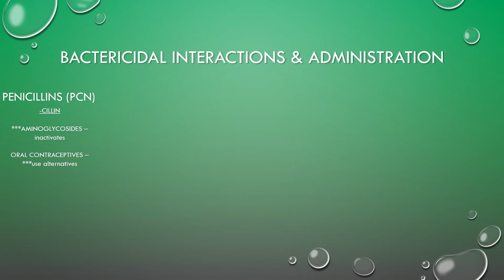Also, with most of these, you'll see oral contraceptives. If anyone is using an oral contraceptive, along with most of these antibiotics, they're going to need to use alternative methods of contraception. So make sure you're giving them education to use condoms, to use a barrier method to prevent pregnancy, besides oral contraceptive, those hormones, because they will no longer be effective in preventing pregnancy.